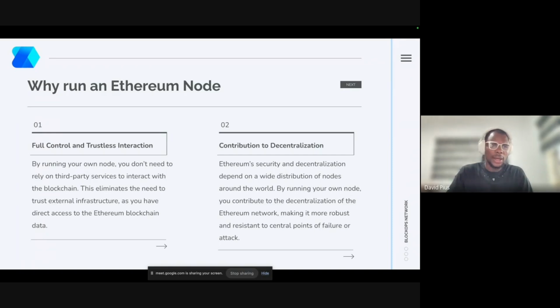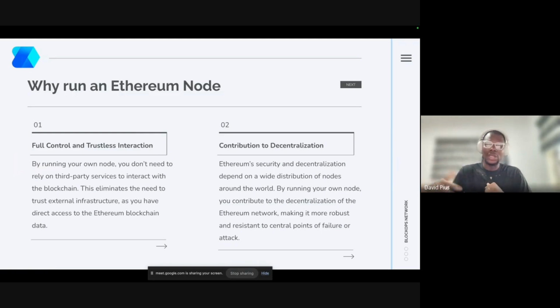By running your own node, you are contributing to the decentralization of the network. And how does that happen? The more persons you have in the network validating transactions, the better the network is, because you have people from different parts of the world, different geographical points.